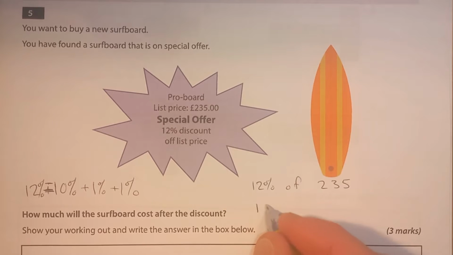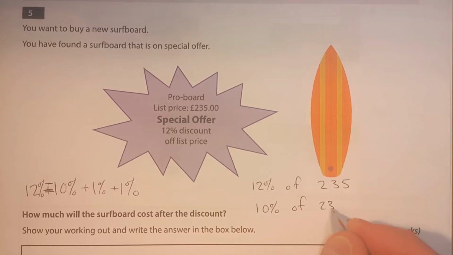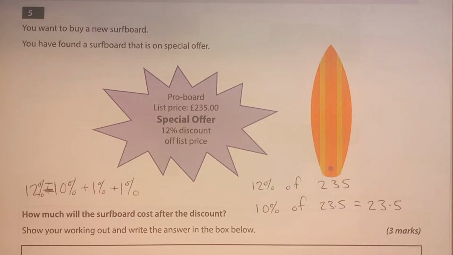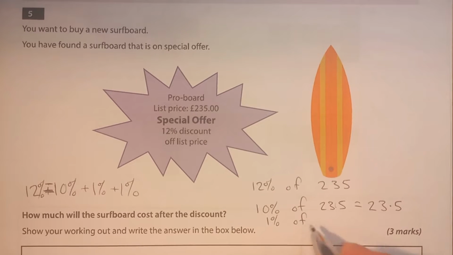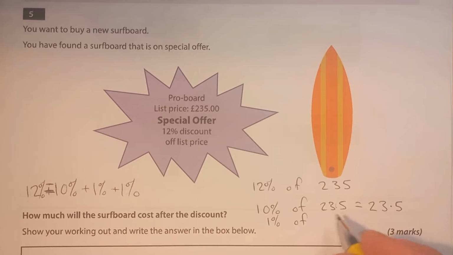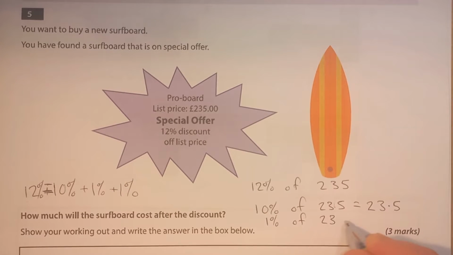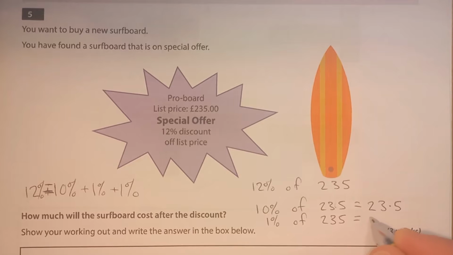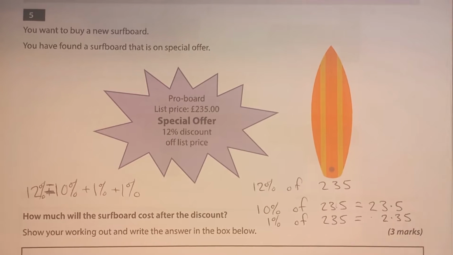And the reason I've done that is because I know that 10% of 235, well, I can just move my decimal point in one. So it's just going to be 23.5. And if I want 1% of this, well, I'm going to move the decimal point one place further. So 1% of 235 is going to be 2.35.